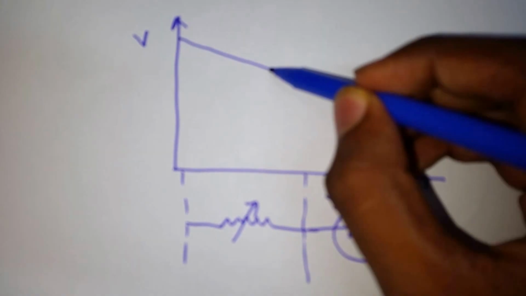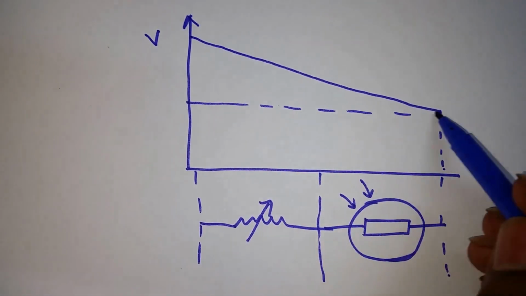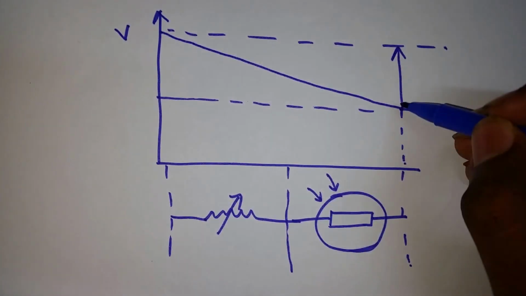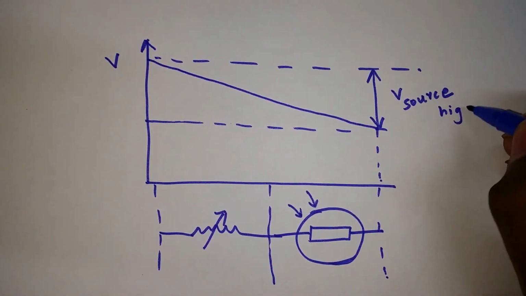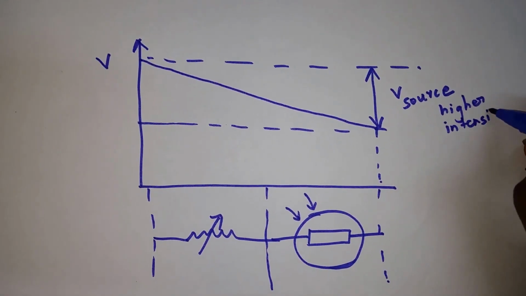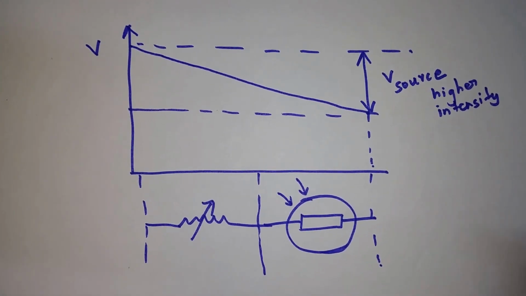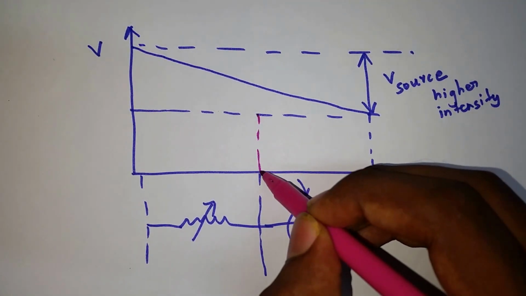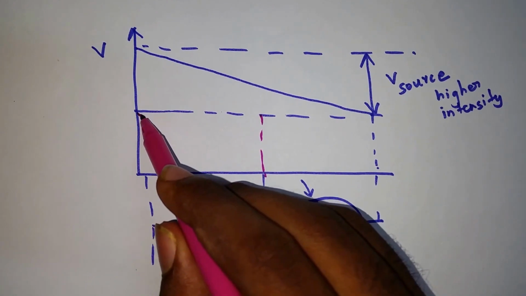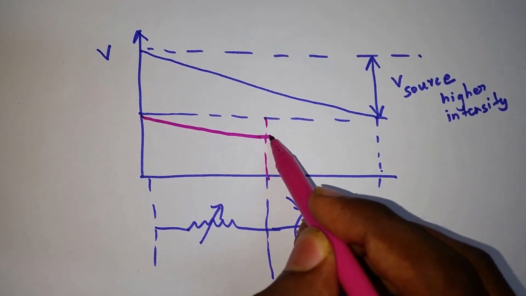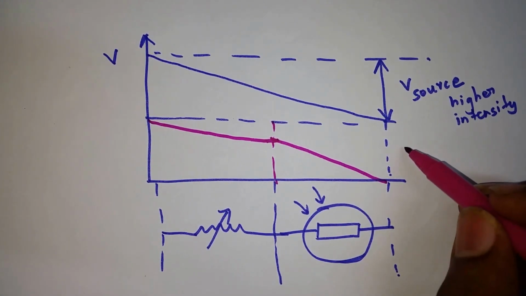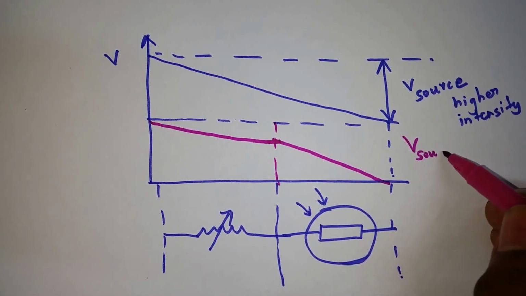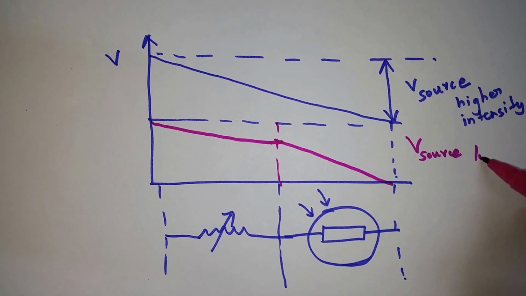Suppose that the height of this line represents the voltage drop across the ends, which in this case is the variable resistor and the LDR. It will be equal to the voltage source potential drop. Now let's see how this line changes at a lower intensity. The slope of the voltage line across the resistor decreases, but then it is compensated by the increase in slope across the LDR.